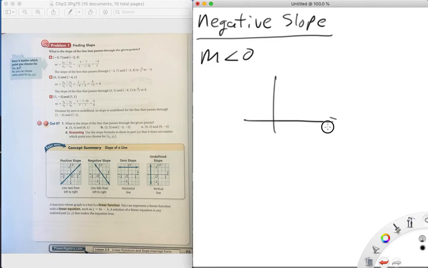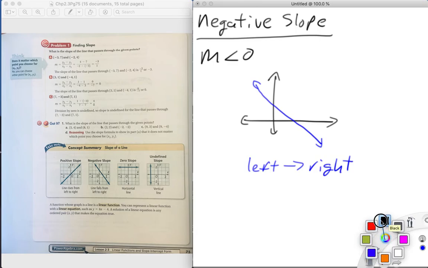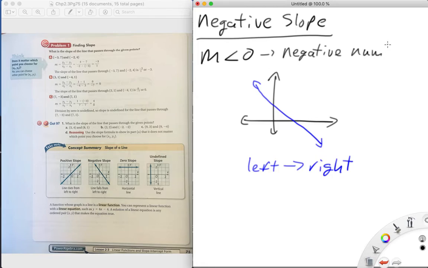So as we go from left to right, our line is going to go in the downward direction, or you can think of it as falling. The book says falling, as you go from left to right. Your slope will be negative. It would be a negative number.